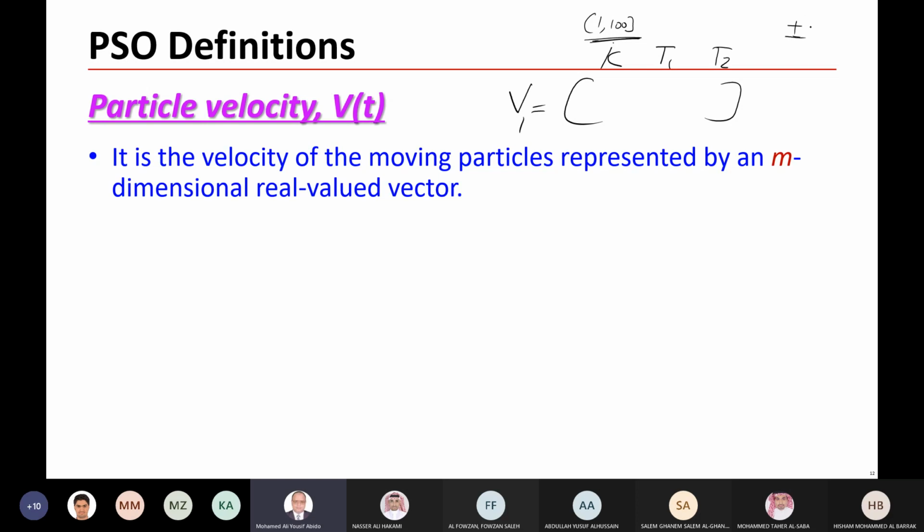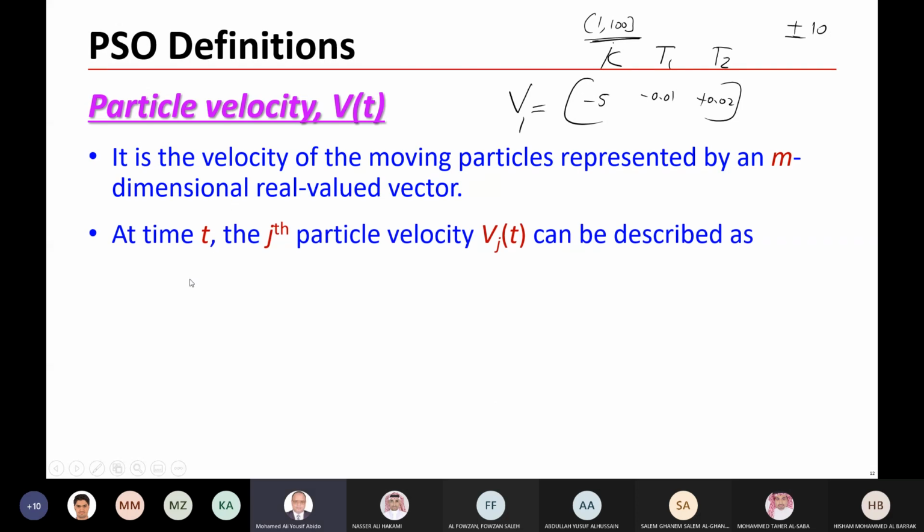So this could be minus 5, and this could be minus 0.01, minus 0.02, or plus. Not necessarily all minus. Velocity is different from one dimension to another. But definitely, velocity is much lower than the bounds here. Actually, we will see how to set the velocity later on.